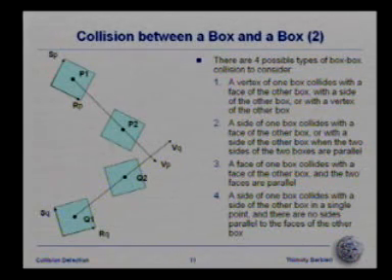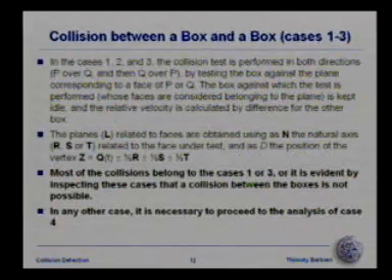A side of one box collides with a side of another box in a single point. I cannot decide a plane when I have that kind of collision. Okay? Because it's a collision occurring on one single point of 2 sides. So there is no possibility to define a plane along which to calculate the collision. So this system works for all the first 3 cases. It doesn't work for case 4.